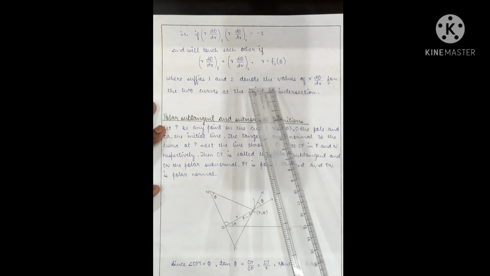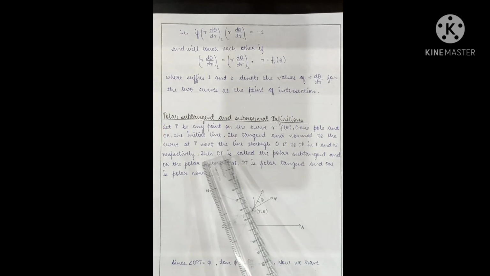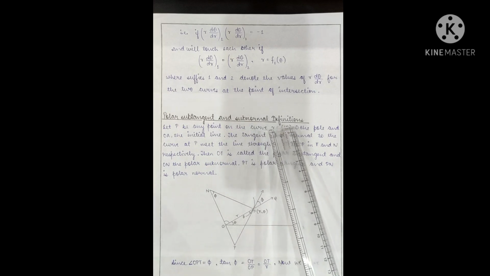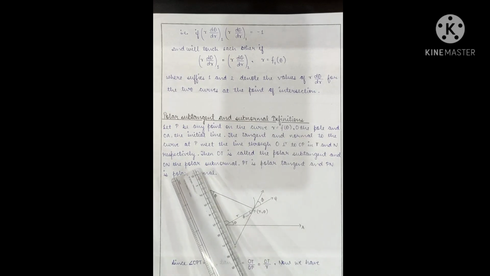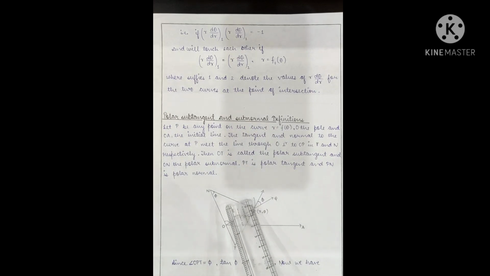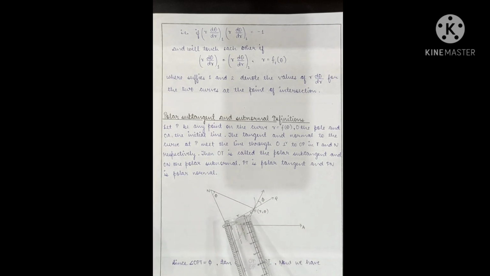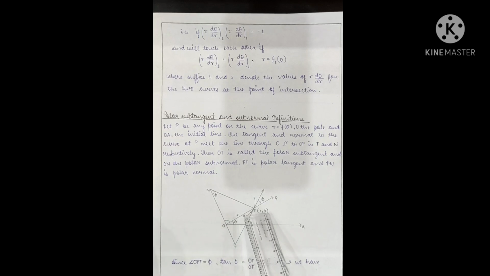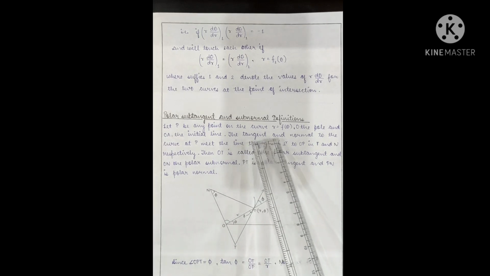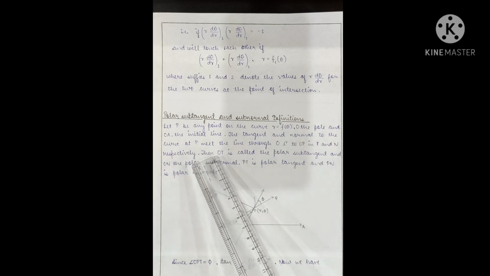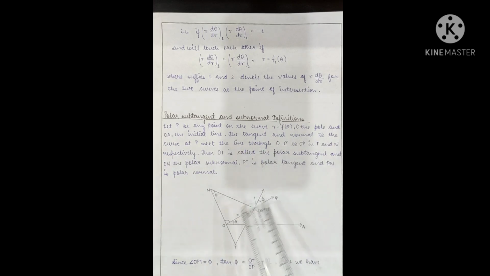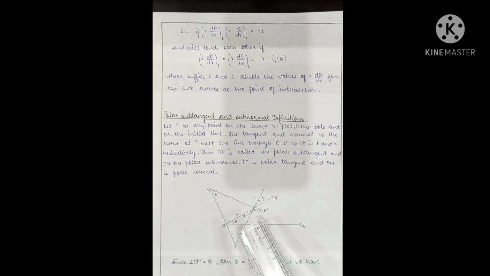Now, polar subtangent and subnormal definitions. Let P be any point on the curve r = f(theta), with coordinates (r, theta). The tangent and normal to the curve at P meet the line through O perpendicular to OP. This is the line, it is perpendicular to line OP.